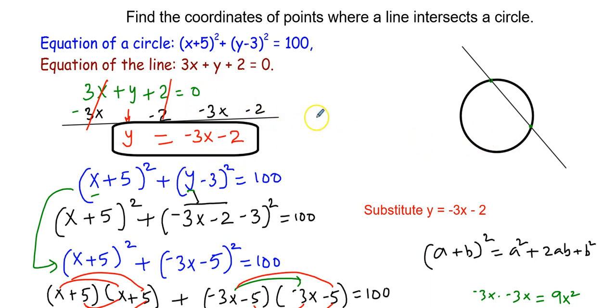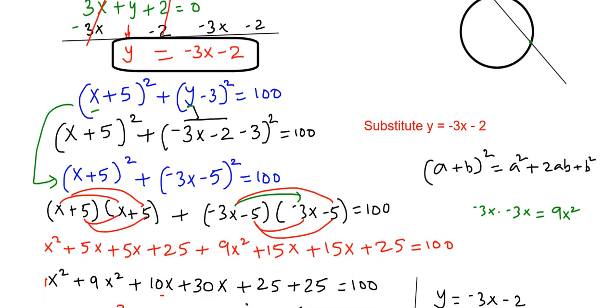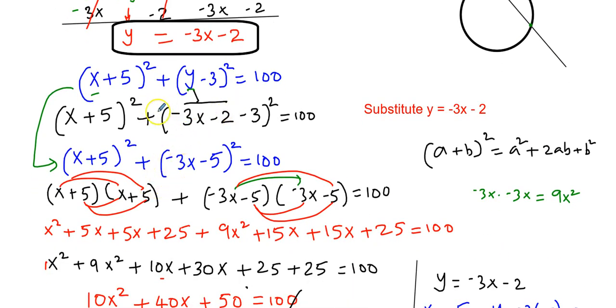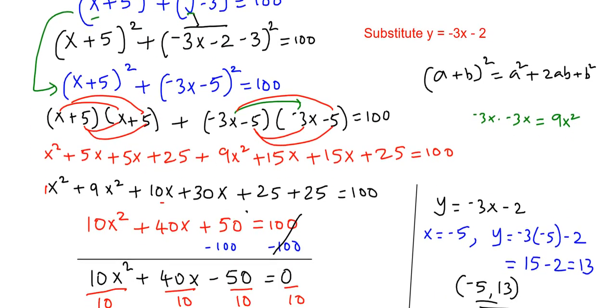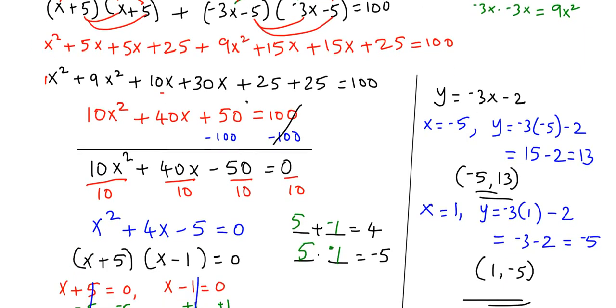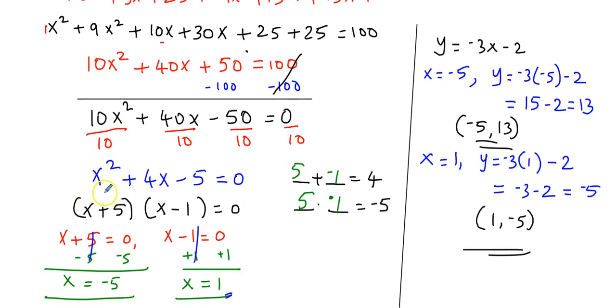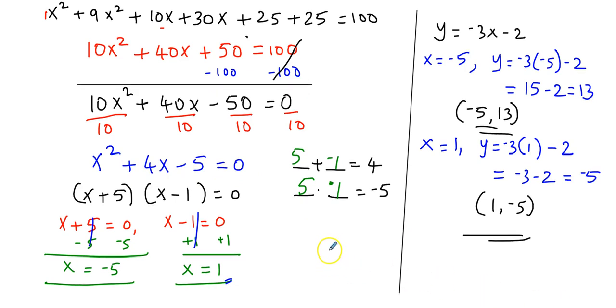Now is the process clear to you all? Given an equation of a line, solve it for y, and this y value, go back and substitute into the equation of the circle, then use the product rule or distributive property and simplify the given equation of the circle. You bring it into a standard quadratic form, like ax squared plus bx plus c, and then find the factors if you can, or use the quadratic formula, and find the value of x.